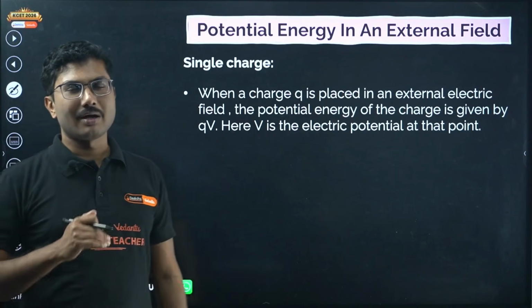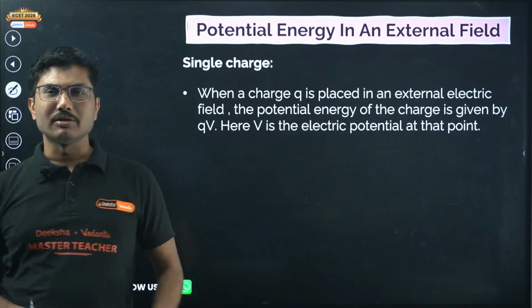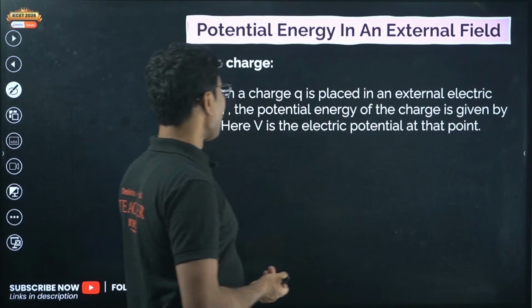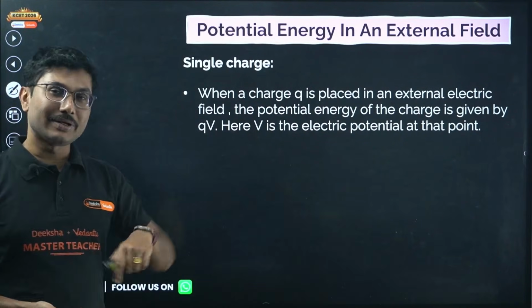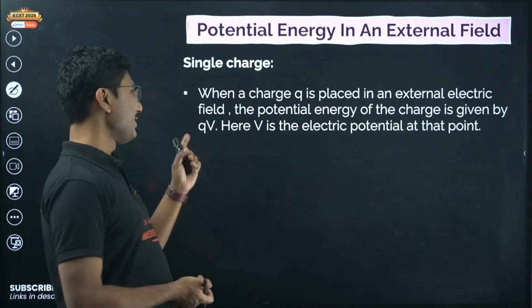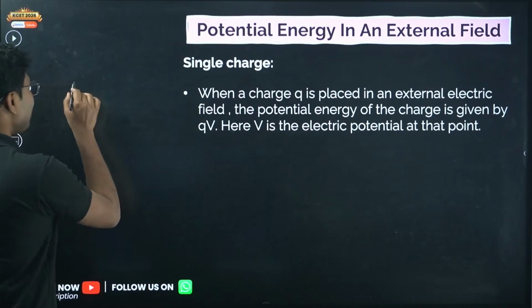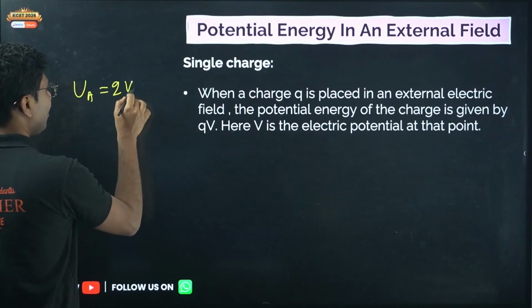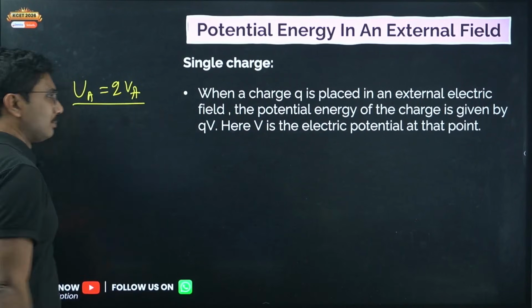If you remember our previous chapter. Similarly, here also we started with potential energy, then we moved into electric potential, then again we are coming back to potential energy in terms of potential, right? So here the potential energy at any point is given by charge into electric potential at that point.